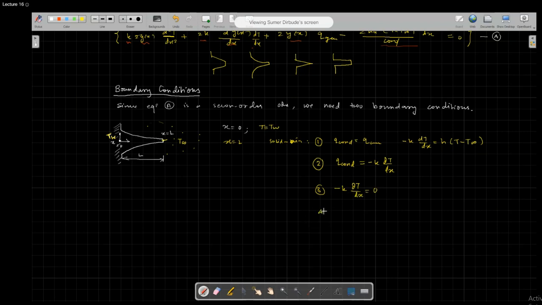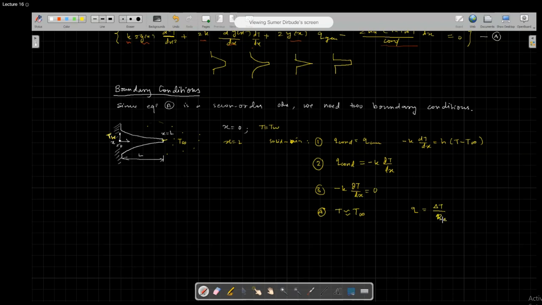The fourth boundary condition can be that T is itself T infinity. T can also be T infinity. And this is possible only when delta T is equal to Q times the conduction, convective resistance.